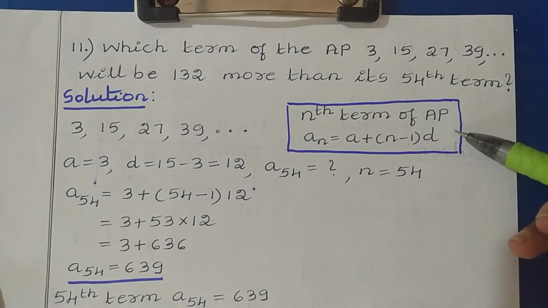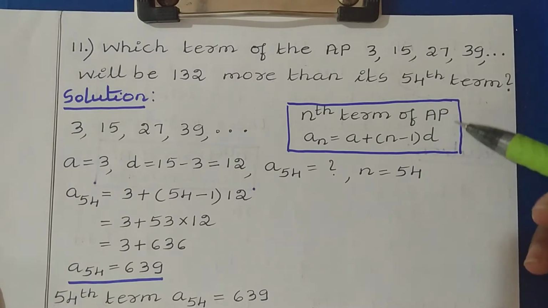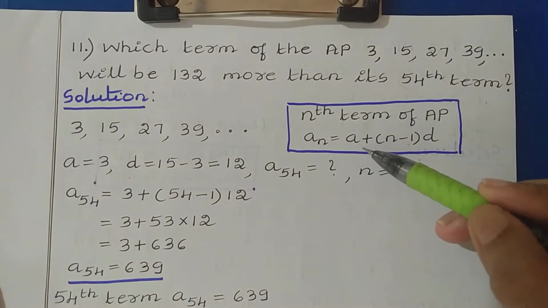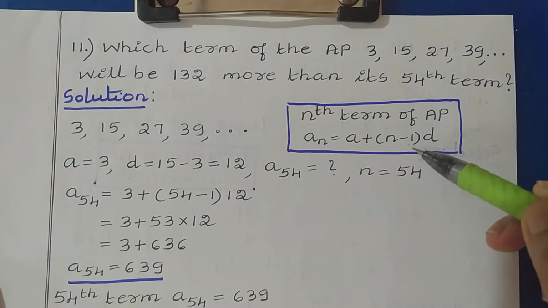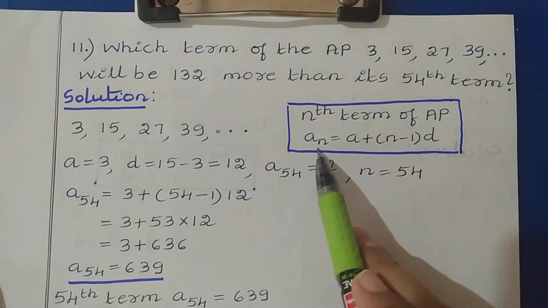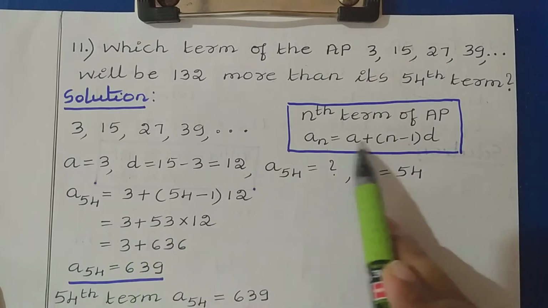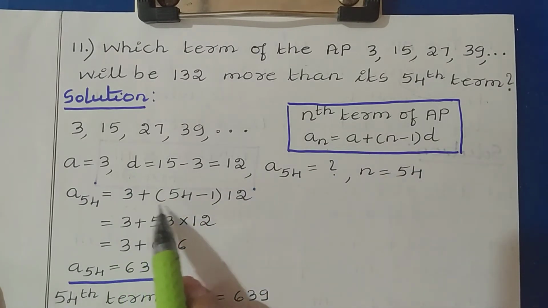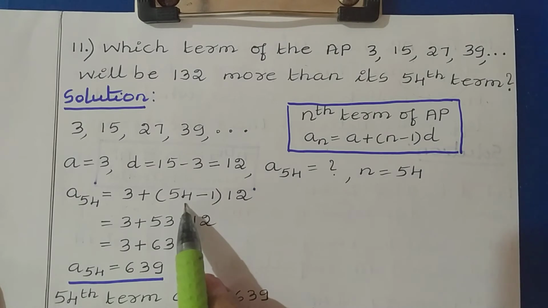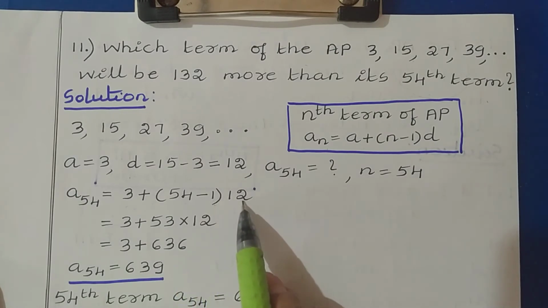Now let us apply the formula. nth term of an arithmetic progression an is equal to a plus n minus 1 into d. Here an is A54, is equal to a is 3, 3 plus n is 54, 54 minus 1 into 12.